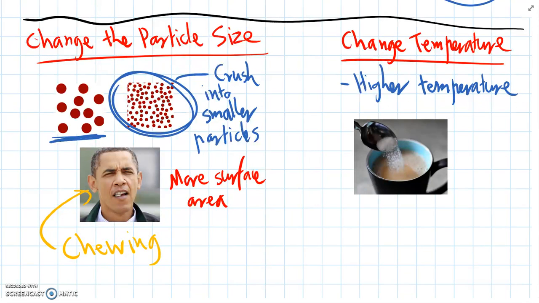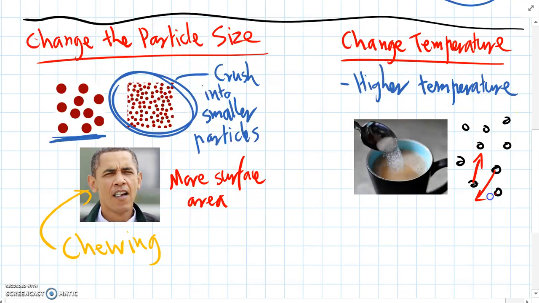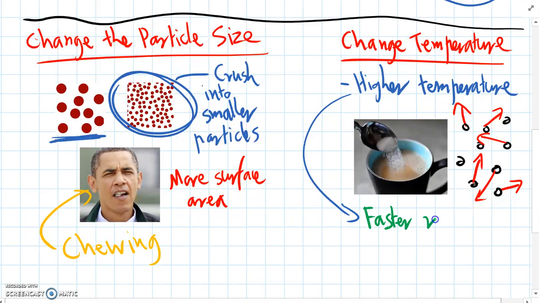Because remember about our particle model, particles that are hotter are flying around and moving really quickly. So higher temperature, that means more chances that particles will bump into each other and react. So we have a faster reaction. So when we put sugar into a cup of tea, if the tea is really hot, then the sugar will dissolve a lot more quickly.